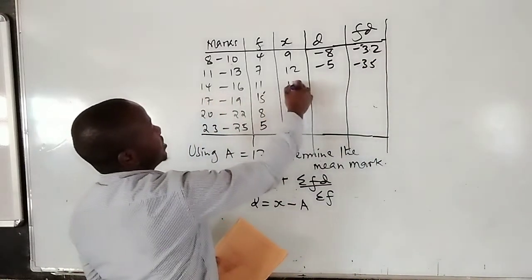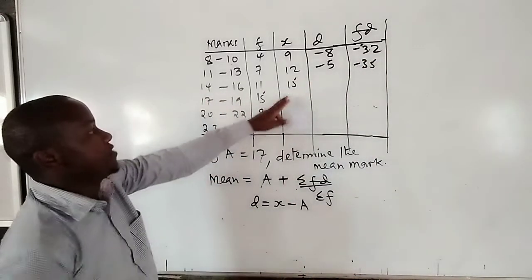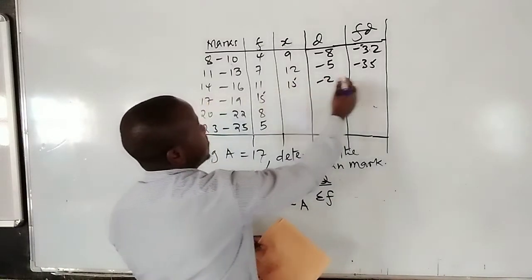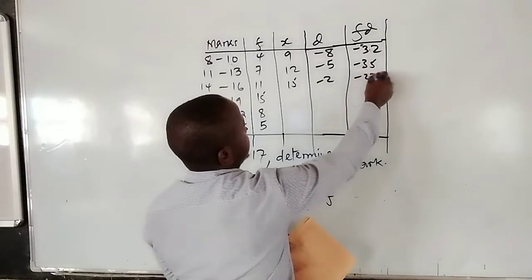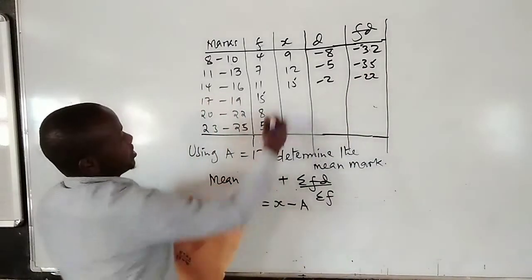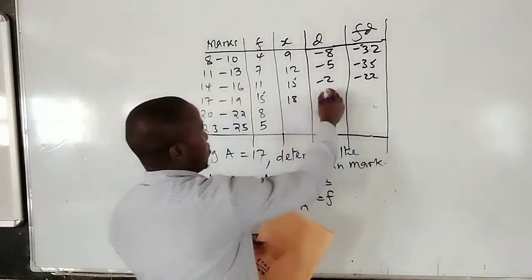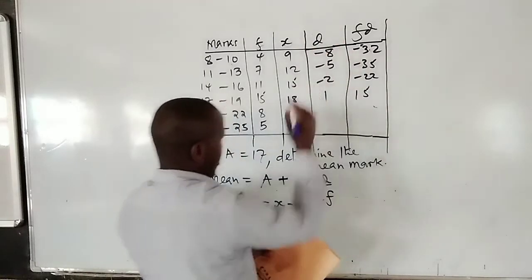The midpoint here is 15. 15 minus 17, negative 2. Negative 2 by 11 becomes negative 22. The midpoint here is 18. 18 minus 17, 1, by 15 gives 15.